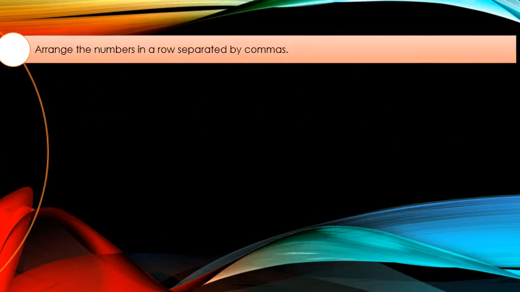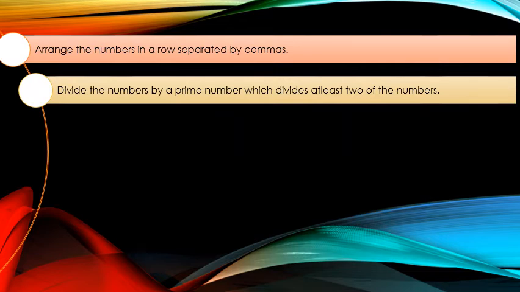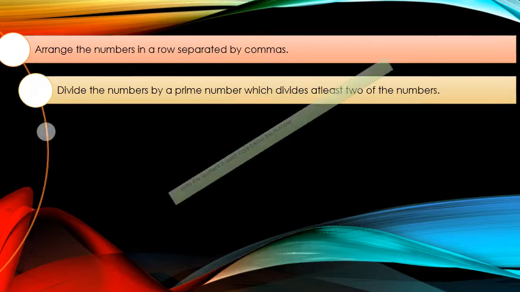There is yet another method for finding the LCM. We call that method the division method. The steps are as follows. You have to arrange the numbers in a row separated by commas. In the second step, you divide the numbers by any prime number which divides at least two of those numbers.